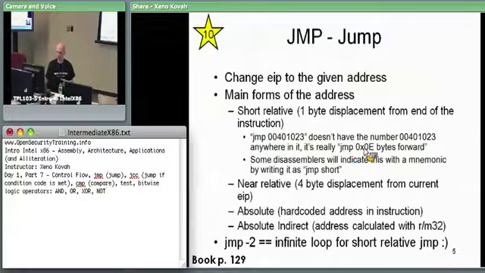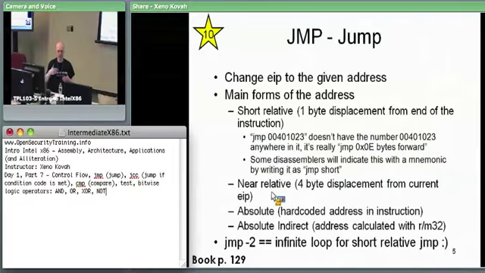Behind the scenes, you may have something that looks like this, jump to a specific address, but it'll actually be just relative some number of bytes, plus or minus. And if it's close enough, that relative count will be specified by even just a single byte. Now, if you're trying to jump somewhere that's farther away, greater than 128 bytes away, for instance, then you need to use the 4-byte version of it. So this is called the near relative form.